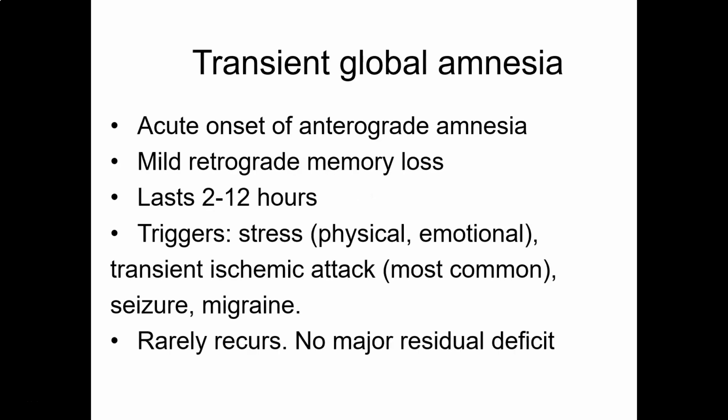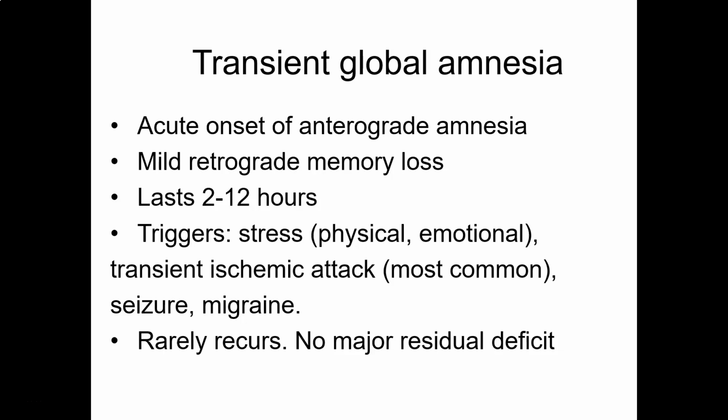So now I want to briefly talk about a temporary form of amnesia. Amnesia is typically permanent due to the reasons that we just discussed, but there are some cases of temporary amnesia. One of these is what is referred to as transient global amnesia. This is an acute onset of anterograde amnesia with some mild retrograde loss.